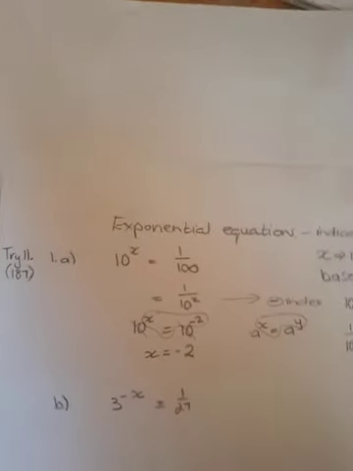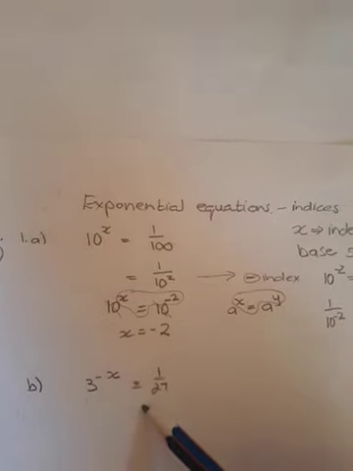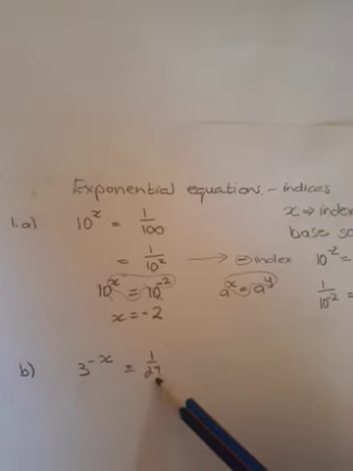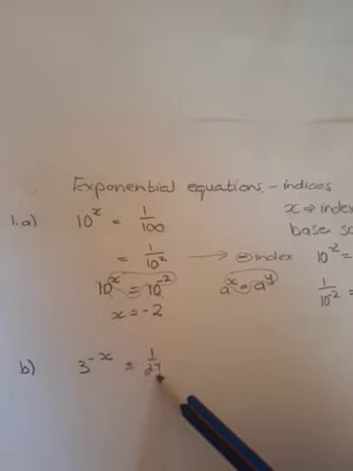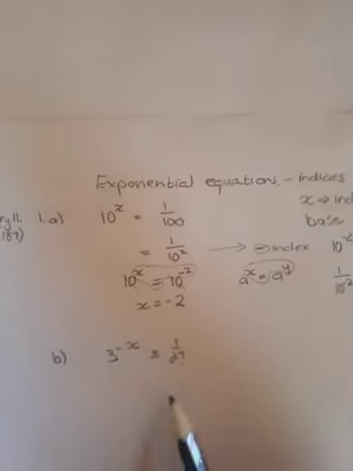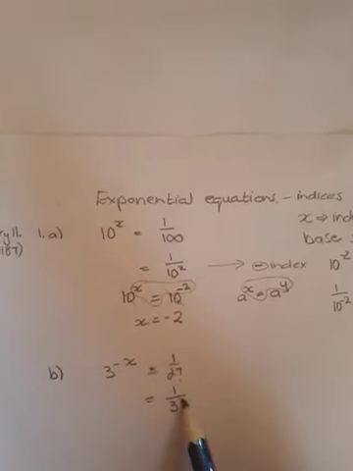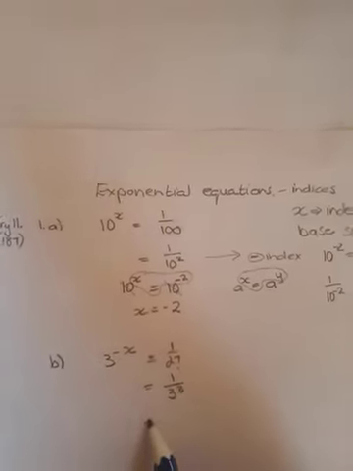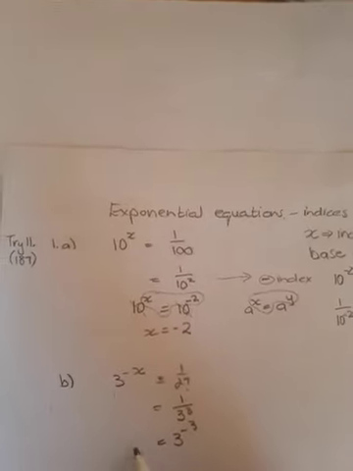Right, then in the second question B, that is exactly the same. You must factorize the 27. Okay, use your calculator. I hope you got the new one. So this one becomes 1 over 3 to the power of 3, and that you then make a whole number with a negative index.